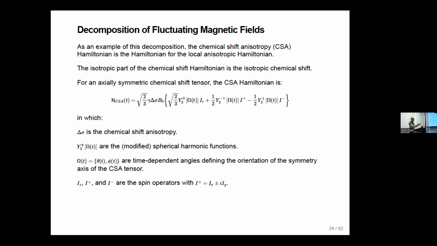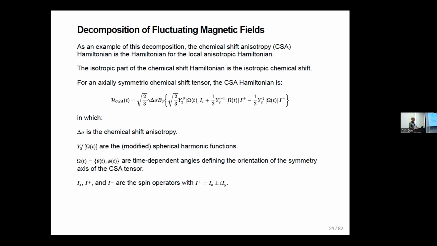It basically depends on how broad the powder pattern would be in the solid state, so that when the molecule is oriented in one direction, there's a different chemical shift than when it's oriented in another. And the orientation part is given by a spherical harmonic, where omega t here would refer to the spherical coordinates.